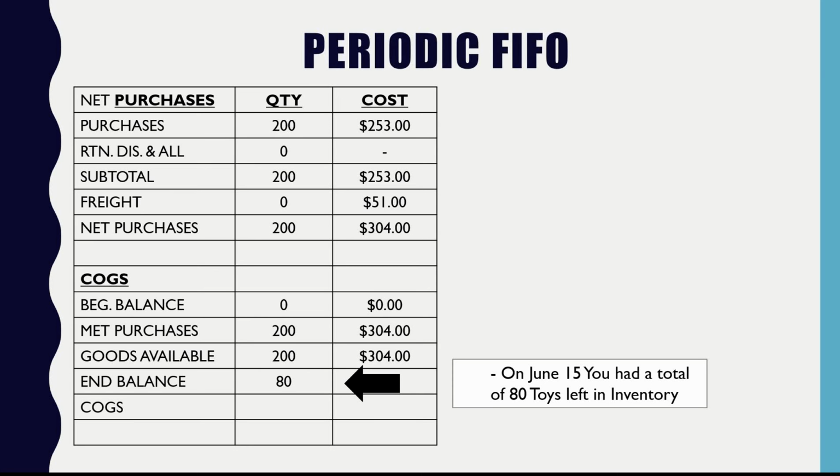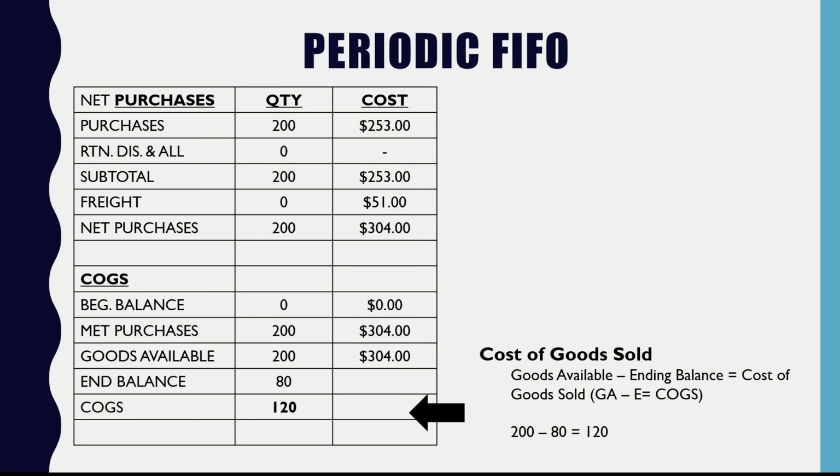So when we plug in that number right here, our assumption is that we know what we have left on hand, and we also know how much we purchased in total. Therefore, whatever we are missing is everything that we sold. So if we started out with 200 items and we have 80 items available, how many items did I sell? 120? Correct.